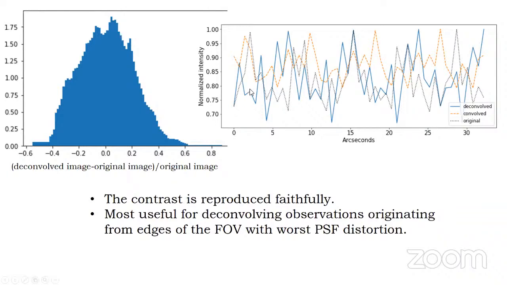But if you look at the intensity maps, how the contrasts are reproduced, the orange line is the convolved map, and the black line is the original contrast variation you had started with from the simulation. And as you can see, because of the distortion by the PSF, the peaks had moved around. And the blue one is what we recover after the deconvolution has taken place. So we actually recover quite a bit of the peaks from the original flux maps.